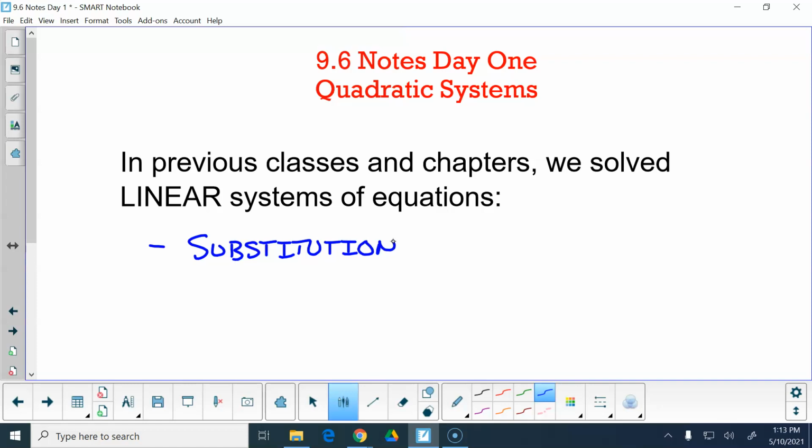Elimination. Elimination is where we get the coefficients of one of the variables to be the same, just opposite signs, and then we add the two equations together. That eliminates one of them, and we solve and move on.